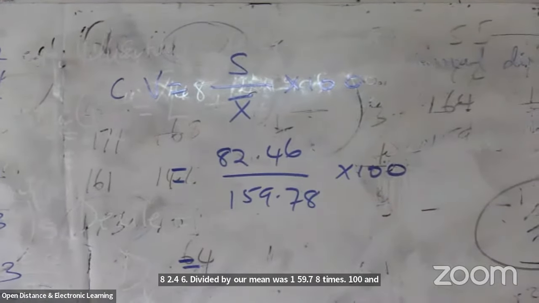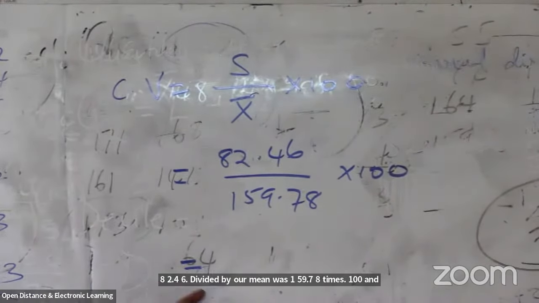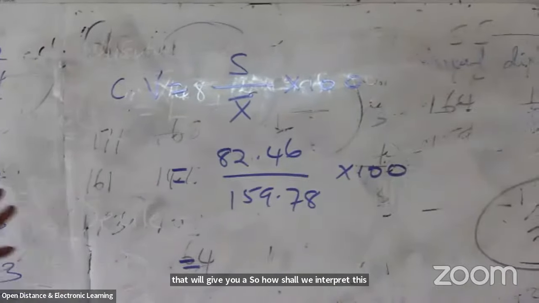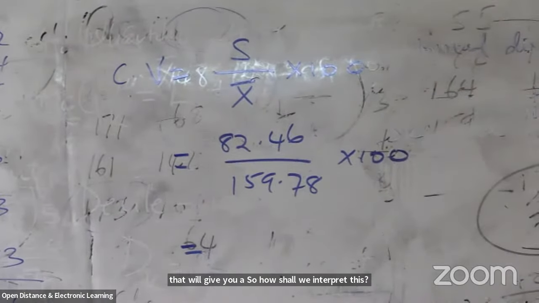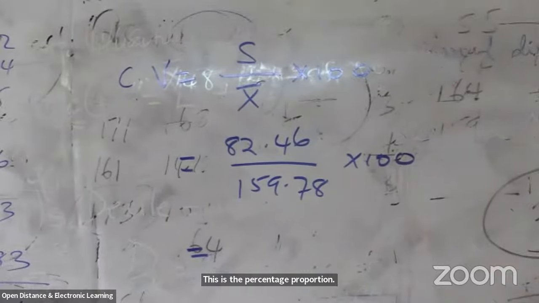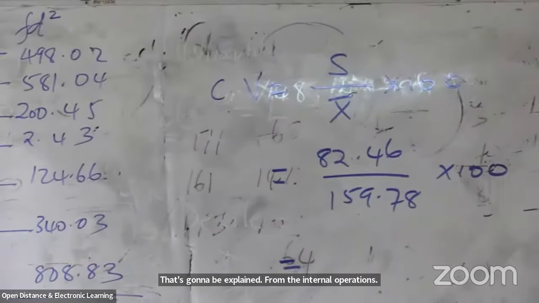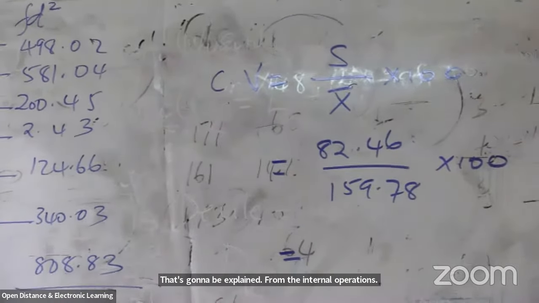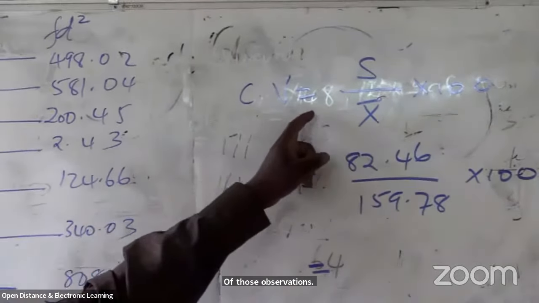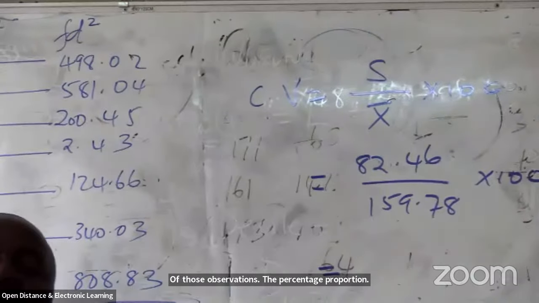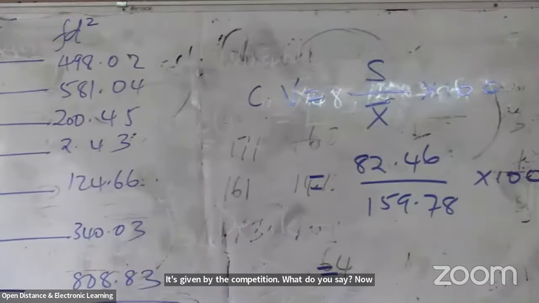So how shall we interpret this? This is the percentage proportion that can be explained from the internal variations of those observations. The percentage proportion is given by the coefficient of variation. Now, allow me to explain this in a different way.